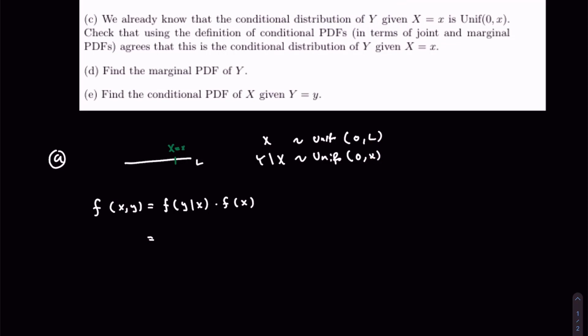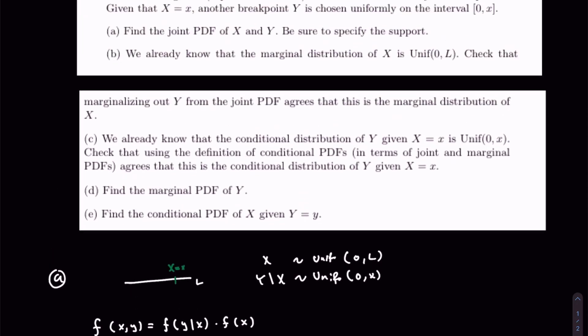So this is 1 over L, this is 1 over x, multiplied together. So the joint PDF is exactly what we have written there.